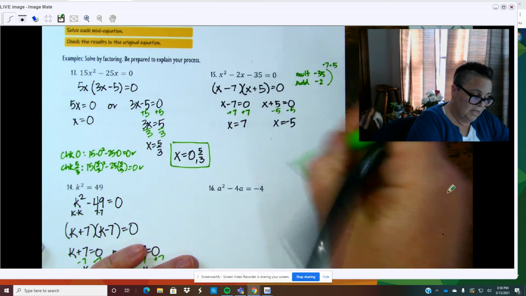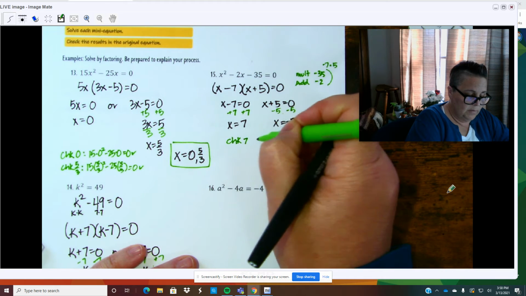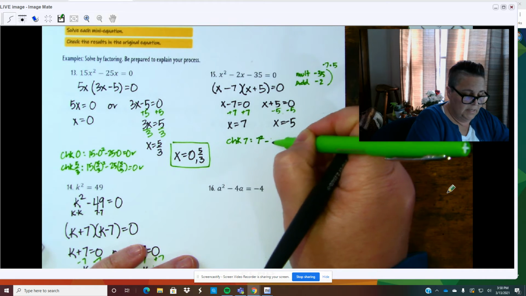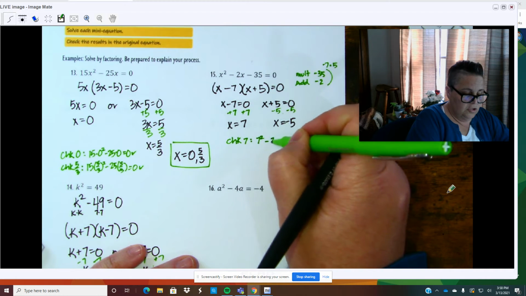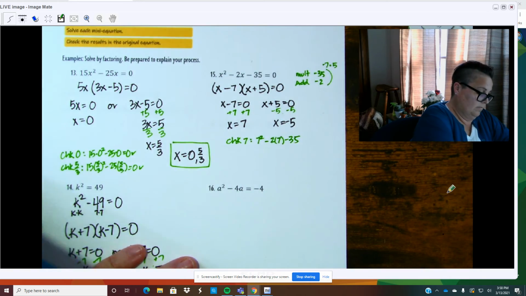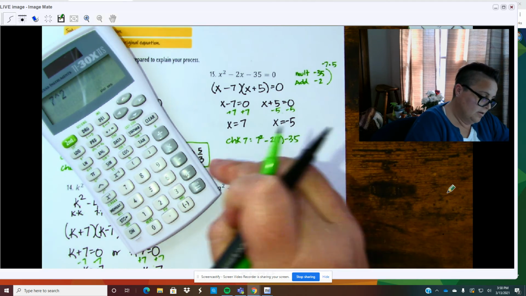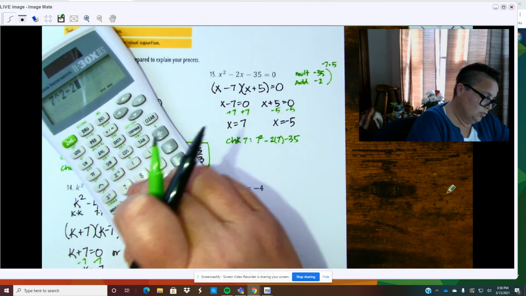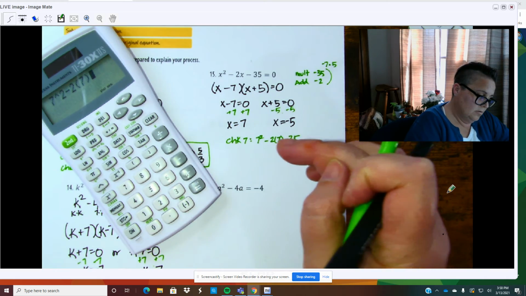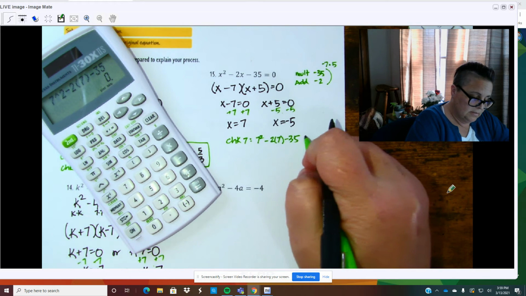If I'm going to check them, I want to check them in the original equation. So this is going to be 7 squared minus 2 times 7 minus 35. Okay, that's 0. That checks.